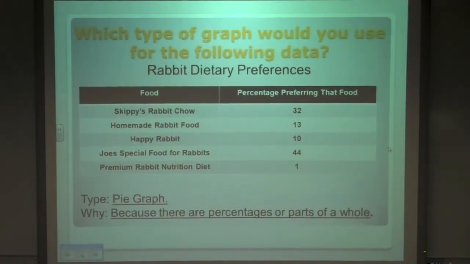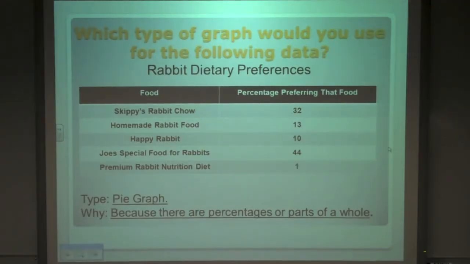So here is a sample. Here is a data table providing us with information. So let's see if we can analyze this and figure out what type of graph we would use. We have basically various foods and rabbits' diets up here. It lists a series of foods: Skippy's Rabbit Chow, homemade rabbit food, Happy Rabbit, Joe's Special Food for Rabbits, and Premium Rabbit Nutrition Diet.